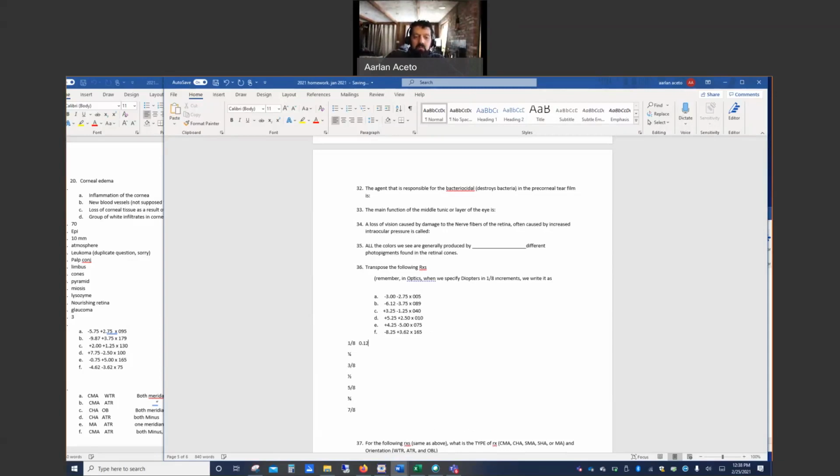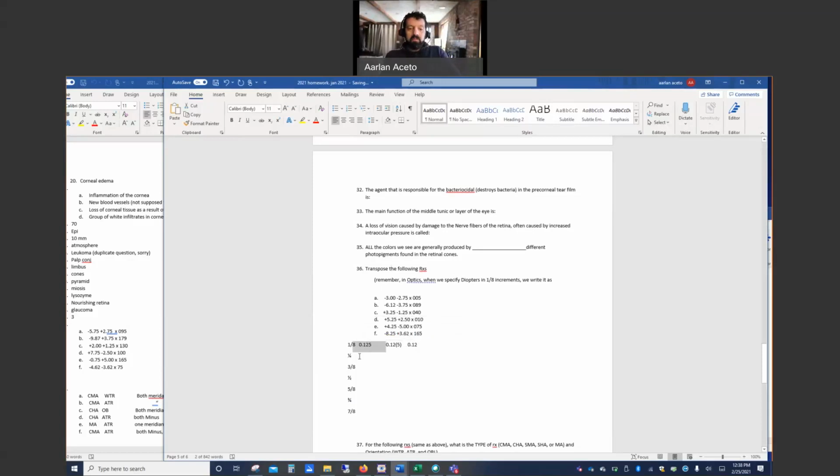0.125, but we write this as 0.12. This is an eighth. We're really dealing with .125, but for our purposes, optical notation, we'd put 0.12. This is a quarter.